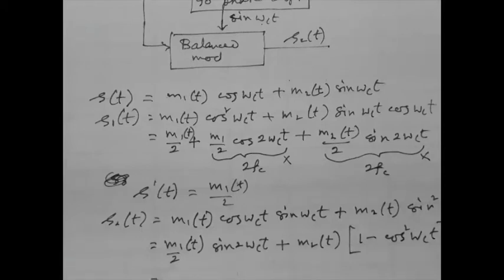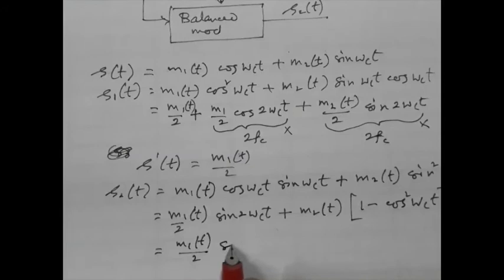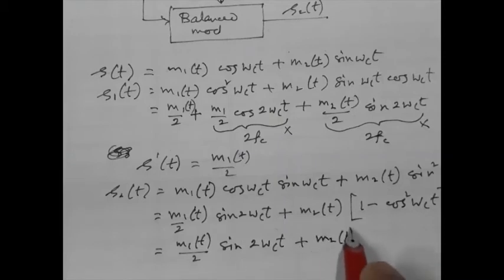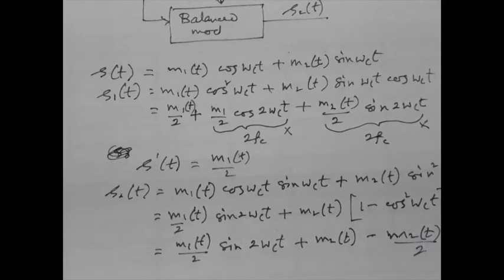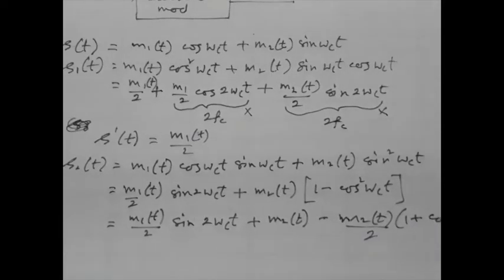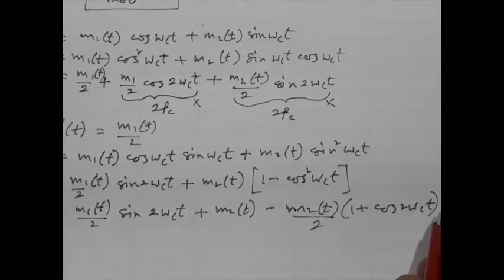That is equal to m1(t) by 2 sine 2 omega ct plus m2(t) minus m2(t) multiplied by cos square omega ct, that means half of 1 plus cos 2 omega ct.